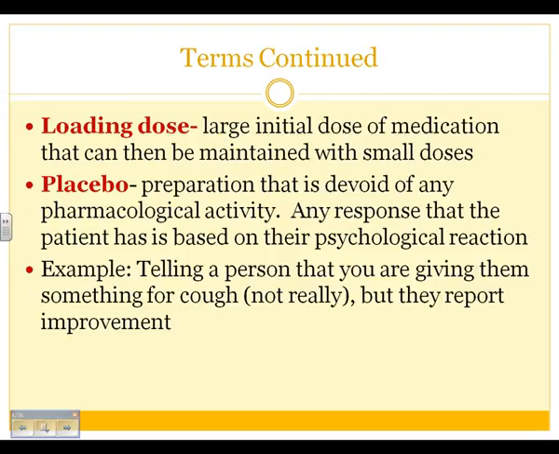So we'll give them a whopping dose of heparin to get their blood thin, and then we'll supplement that with either a drip or some type of other medication. So a loading dose is going to be a large initial dose to help get it in that therapeutic range, and then they'll maintain it with some other type of medication or a different dosage of the same medication. So it's that initial large loading dose.